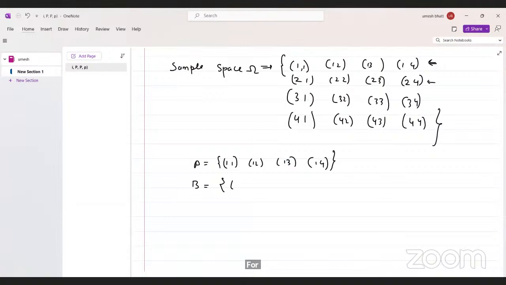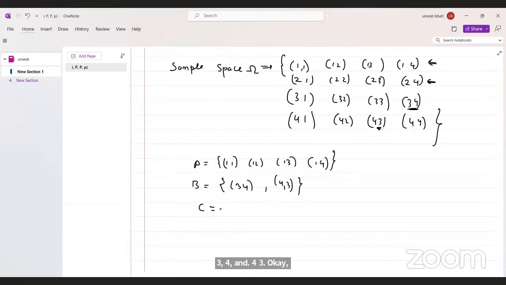Only using 3,4 and 4,3 can I get 7. So B is 3,4 and 4,3.